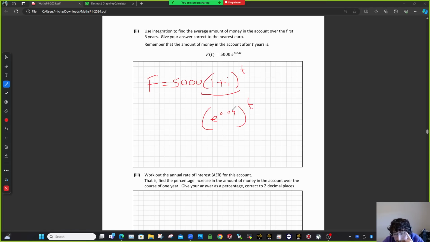Using the rule of indices, you can just multiply them back together. So I'm just rewriting my F like this. That's basically the F up there, but rewritten. And then if you compare it, you see that the 1 plus i is equal to this. And you type that into a calculator, you'll see that 1 plus i.